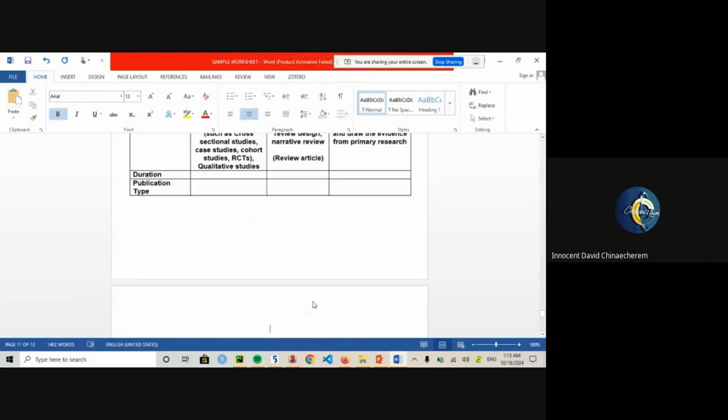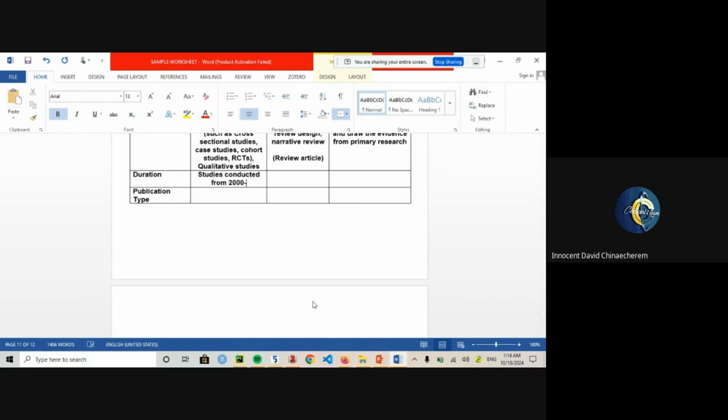Okay, and also in my duration, medical studies conducted from 2000 to 2024. Now there's something we call a living systematic review. So we need to specify the date, let's put 2024.